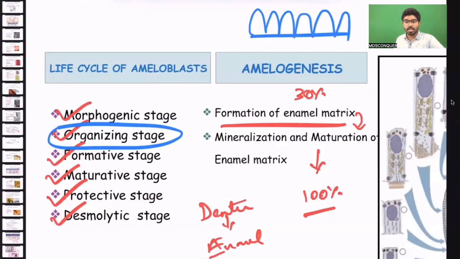Enamel is formed in which stage? Formative. So organized dentin is formed in the organizing stage, and on organized dentin, enamel is formed in the formative stage. Very important questions. Dentin is formed in the organizing stage. Enamel is formed in the formative stage. Clear, guys? Very frequent. This is a very, very commonly asked question.